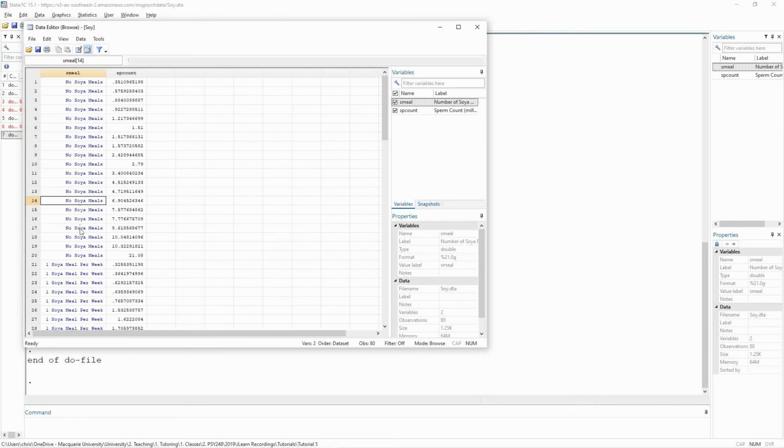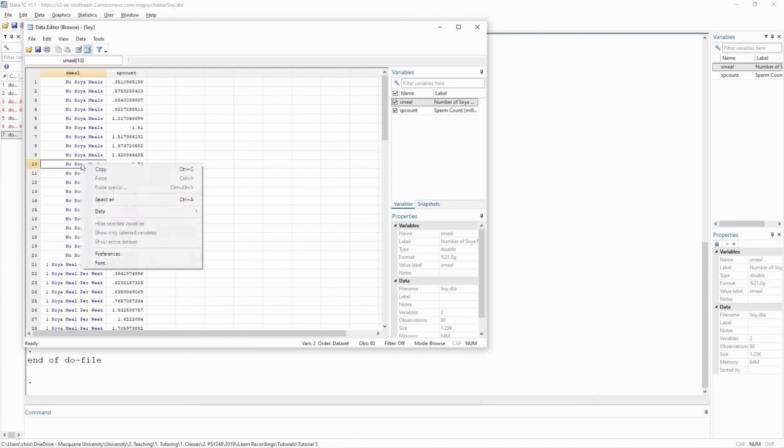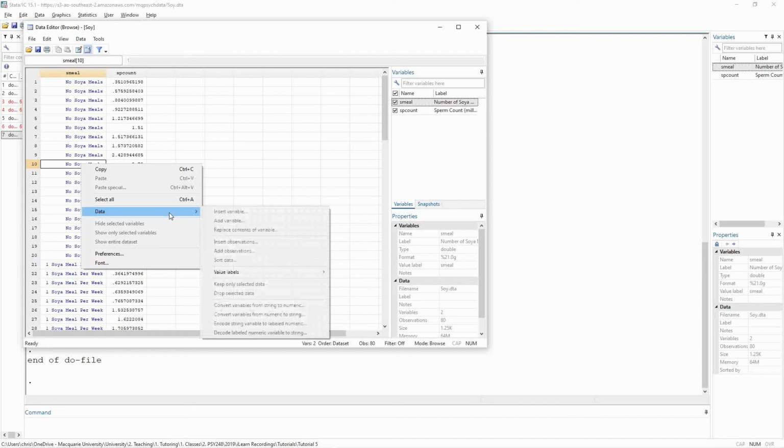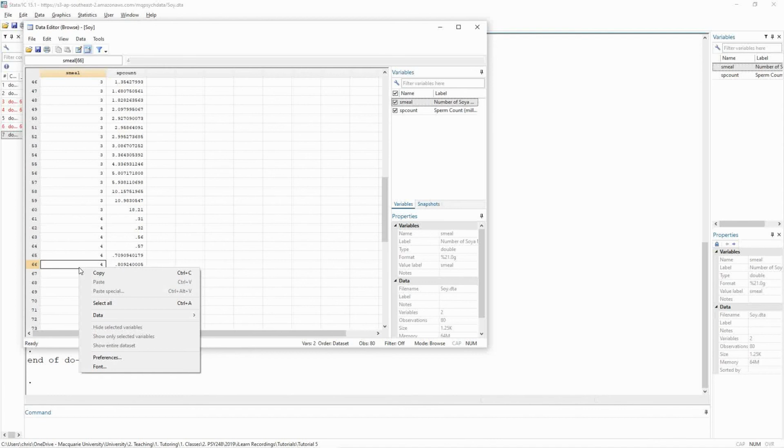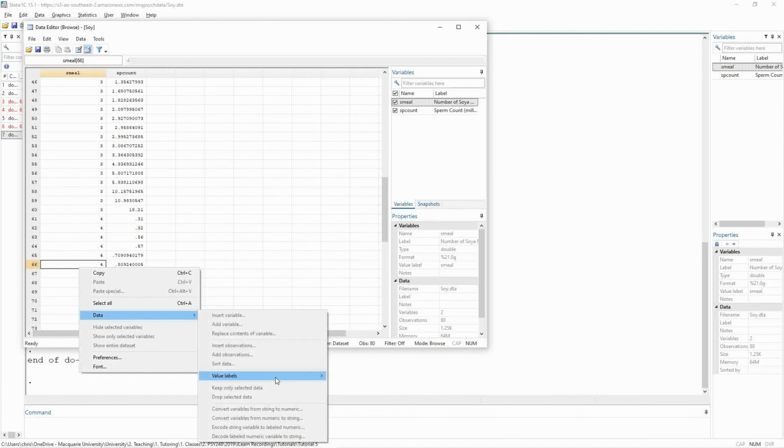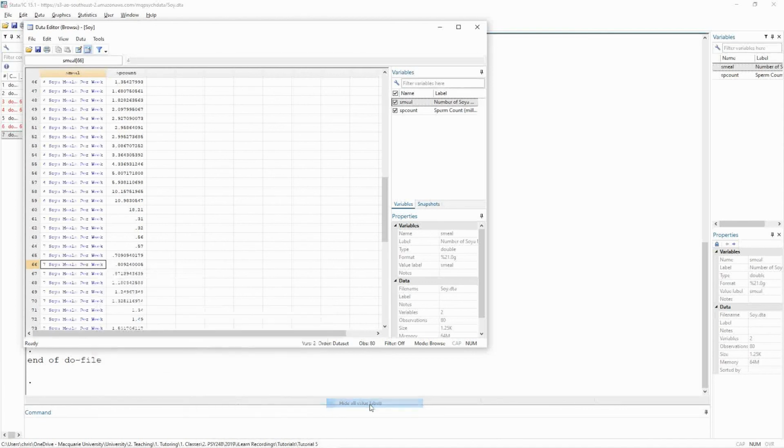And the fact that these words are in blue tells us that there's actually a number underlying each of them. If we're curious what that is, we can right-click, go Data, Value Labels, Hide All Labels, and now we can see that there is a 1 here, and then we have 2s, 3s, and 4s. And then we can do the same process to remove that.